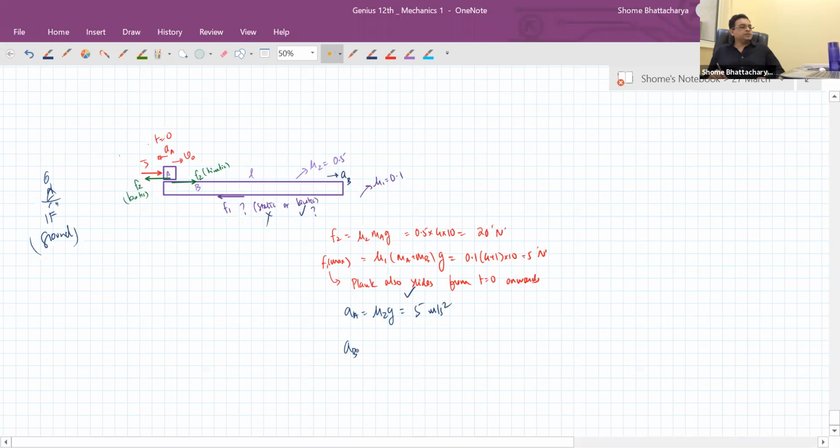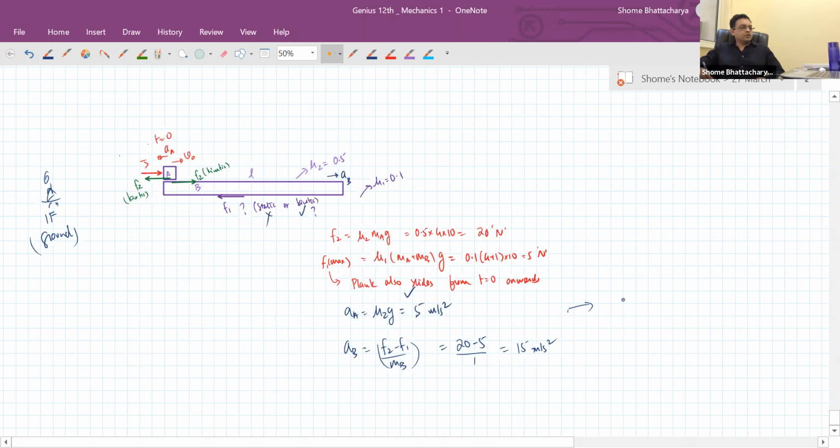Whereas the acceleration of B will be F2 minus F1 divided by mass of B, so 20 minus 5 divided by 1. So my God, it's 15 meters per second square. It's a pretty strange kind of situation, but anyway, this is what will happen.